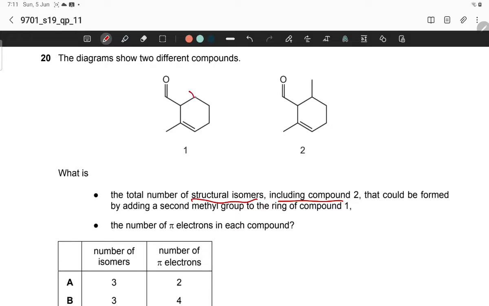We know that hydrogen is, and this is carbon surrounded by 2 hydrogen atoms. This carbon is surrounded by 2 hydrogen atoms, and this carbon is surrounded by H, and this is methyl group, and this carbon is surrounded by H.